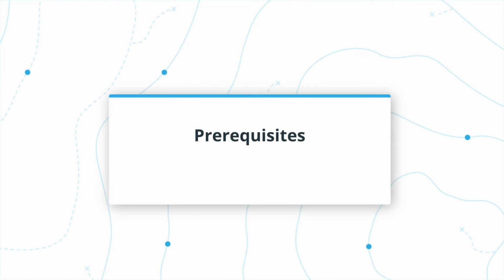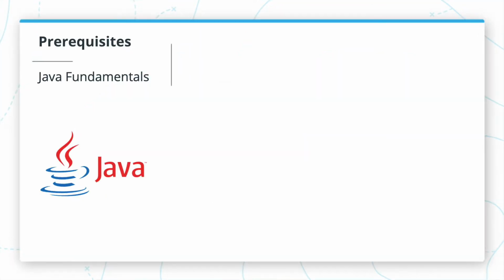Before we talk about what we'll be covering in this course, let's take a moment to discuss what you need to know going in. First up, Java fundamentals. We won't be covering the basics of programming with Java in this course, so make sure you're comfortable solving problems with the language.